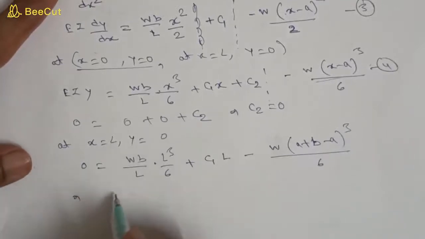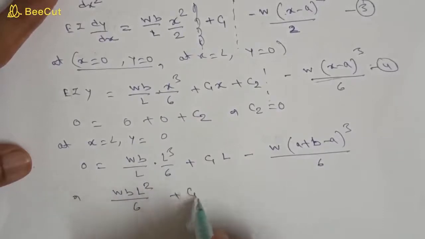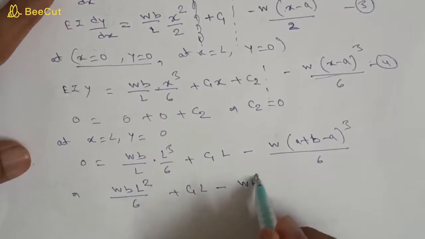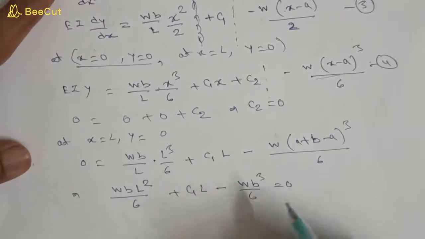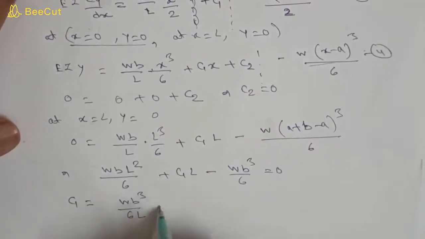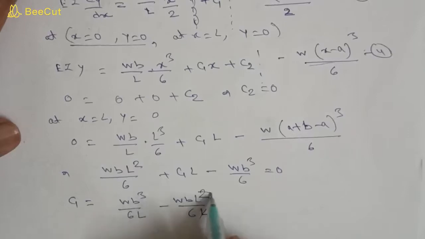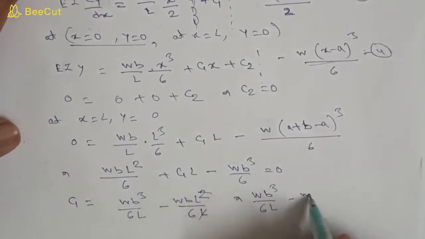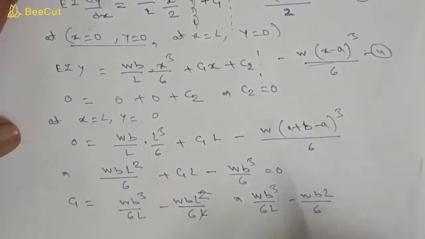So we will get WB L square by 6 plus C1L minus WB cube by 6 is equal to 0. So we will get C1 is equal to WB cube by 6L minus WBL square by 6L. So L will cancel, and we will get WB cube by 6L minus WBL by 6.